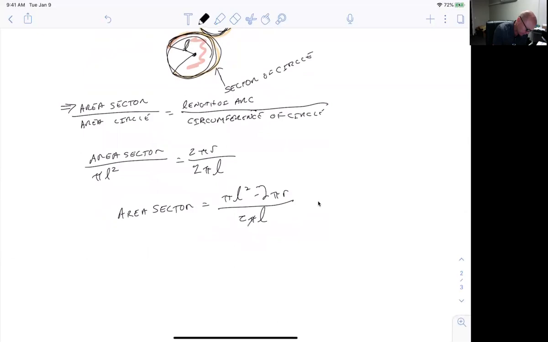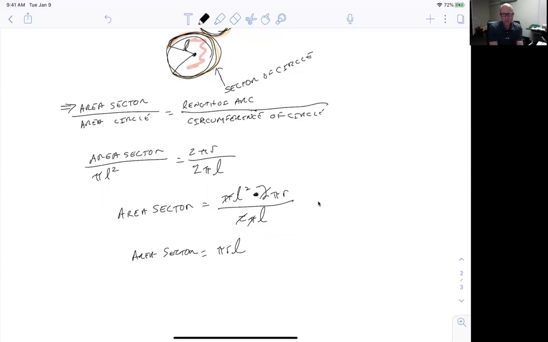You could cancel these pi's, you could cancel those 2's, and then this L squared over L is just the slant height. So really what I'm left with is that the area of the sector is equal to pi times the radius times the slant height.